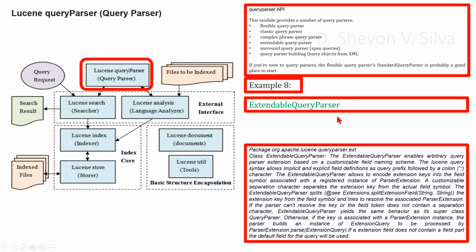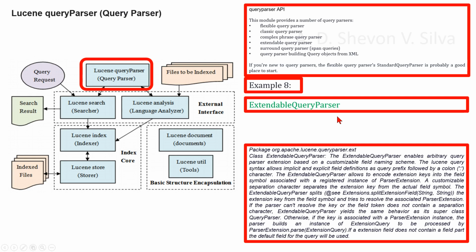The extendable query parser allows one to encode extension keys into the field symbol associated with the registered instance of a parser extension. A customizable separation character separates the extension key from the actual field symbol. The extendable query parser splits the extension key from the field symbol and tries to resolve the associated parser extension.